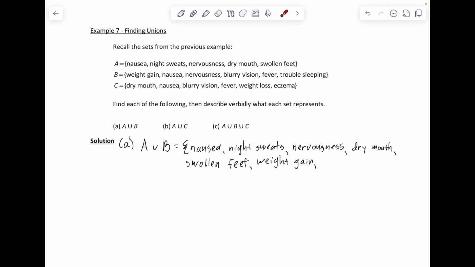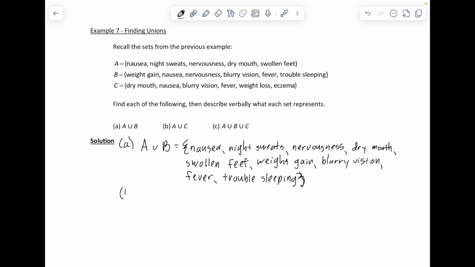And then we have nervousness, but I've also already listed nervousness. I don't need to list that again. So then we come over here to blurry vision. Okay. Fever. And trouble sleeping. Okay. That's the union of A and B.